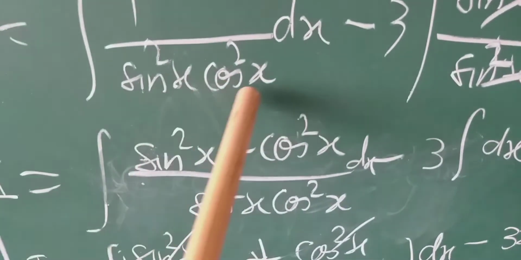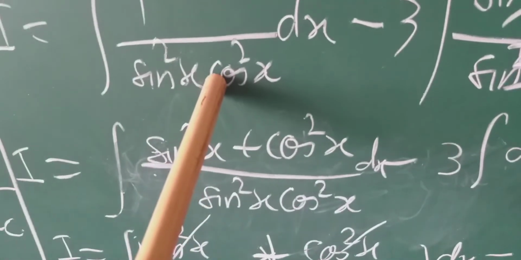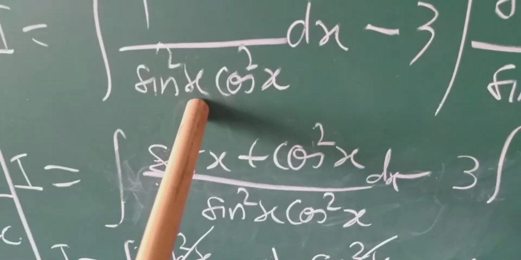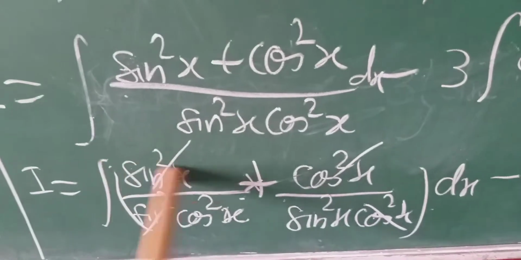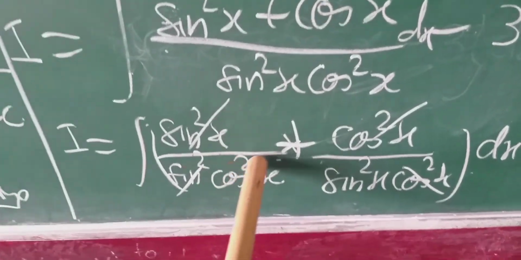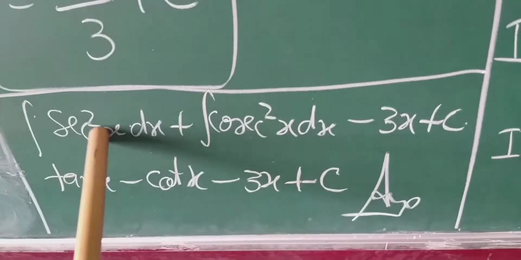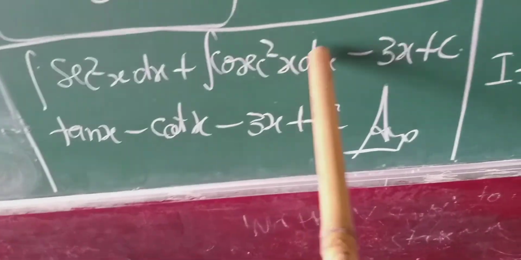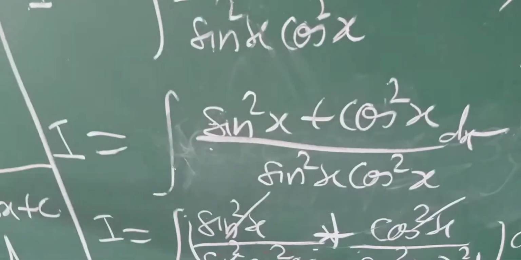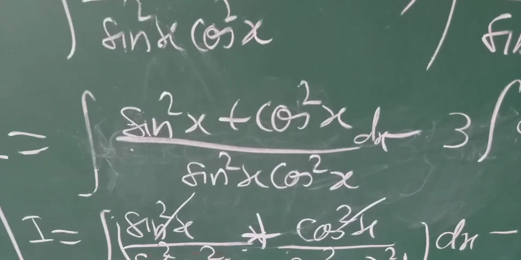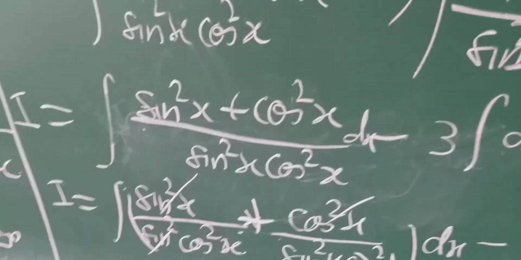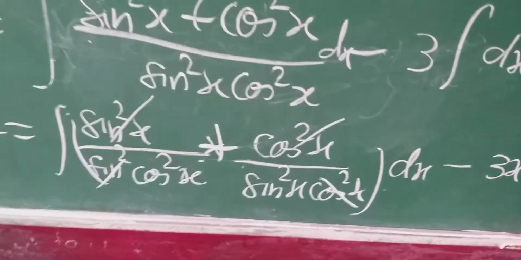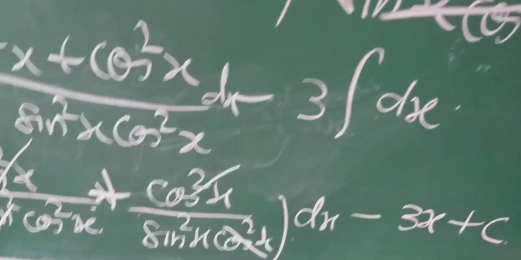How can we remove the multiplication sign here? To remove it, I used 1 equals sin square x plus cos square x. Then by separation, I got sec square x and cosec square x. So the sign of multiplication I removed this way. So students, in integration questions, try to remove the sign of multiplication and division. Okay then students.